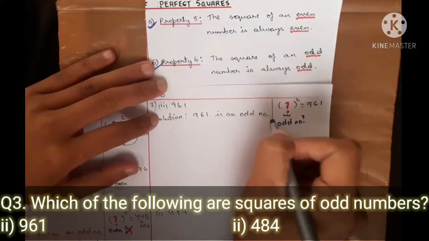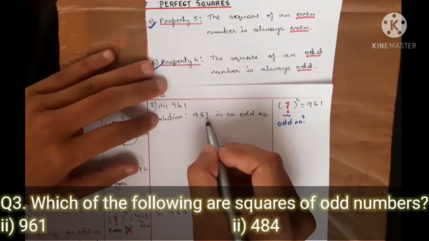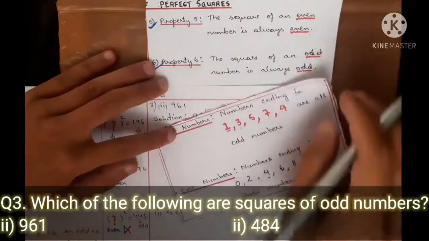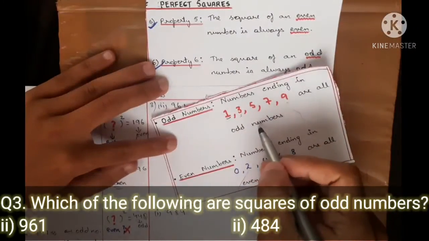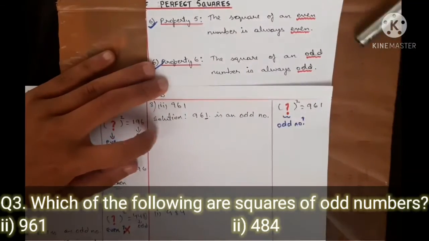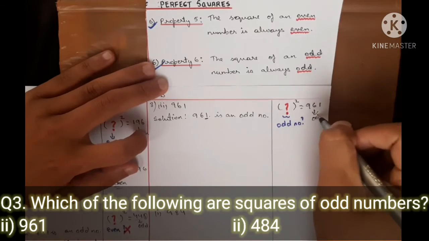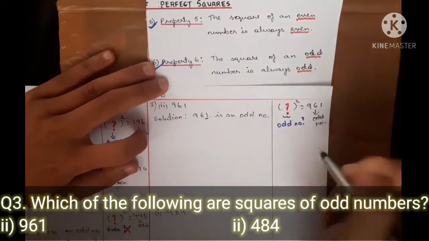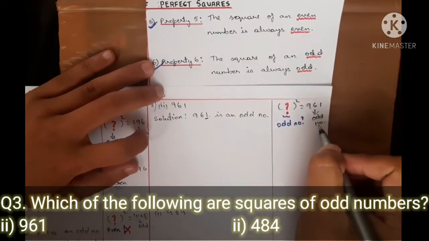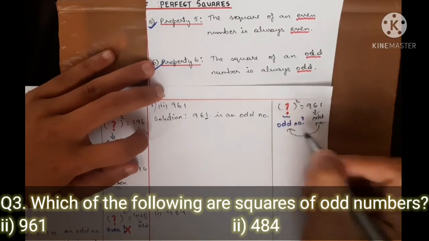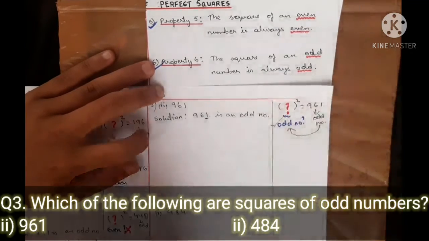Why? Because it ends in 1, and 1 is always an odd number. So by property 6, since this is an odd number, the number will also be odd.